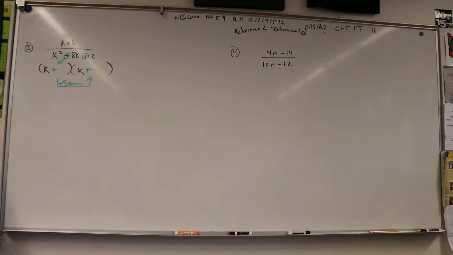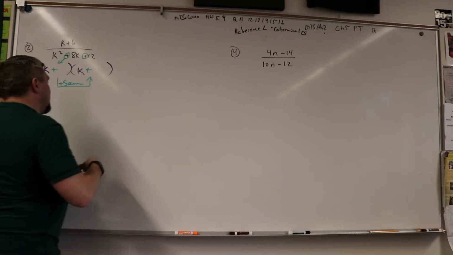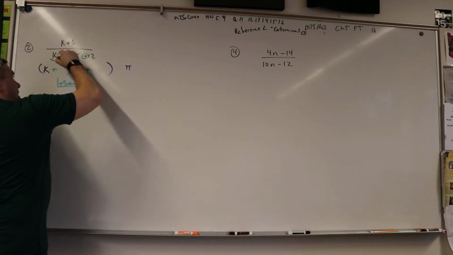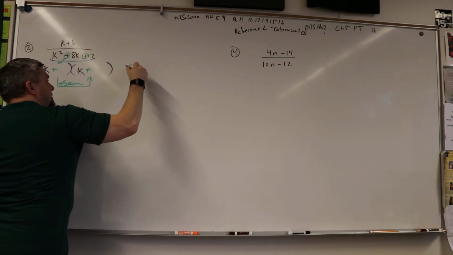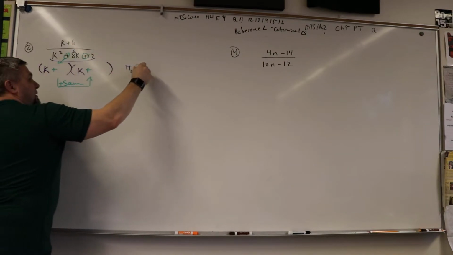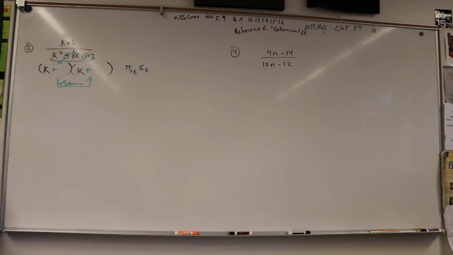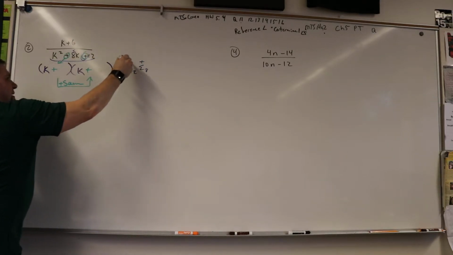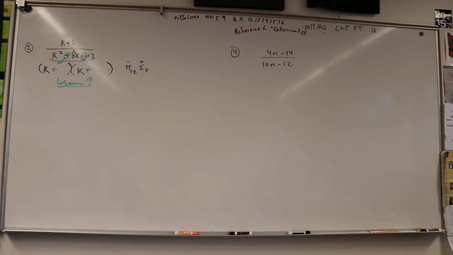Alright, next. Product means that 1 times the 12 is the product, so that's 12. And the sum is the middle number, so that's 8. We've got to add to get to 8. So it multiplies to be 12 and adds to be 8: 6 and 2.